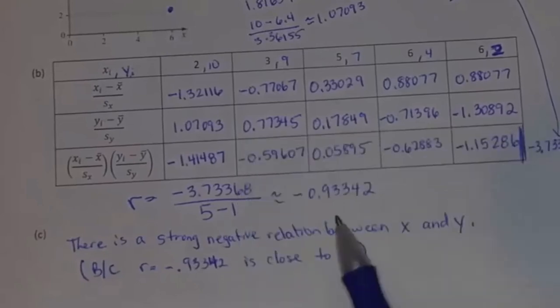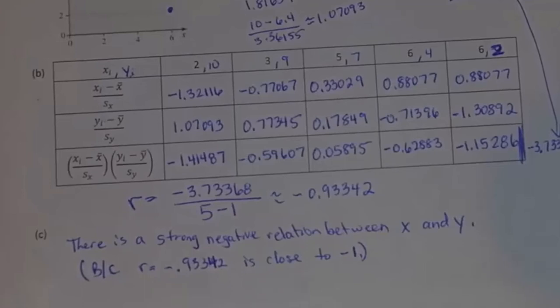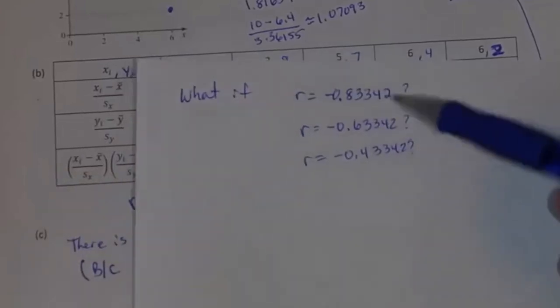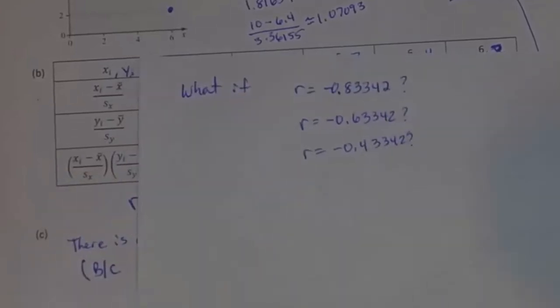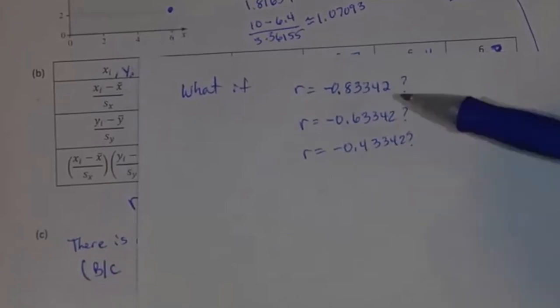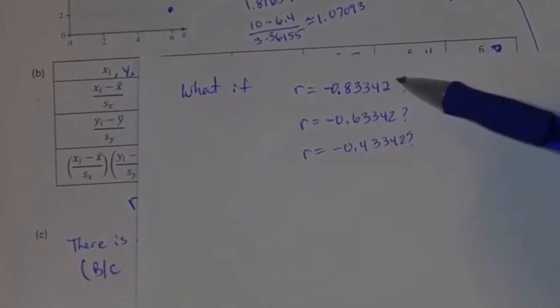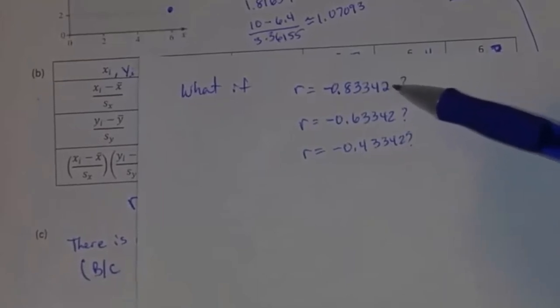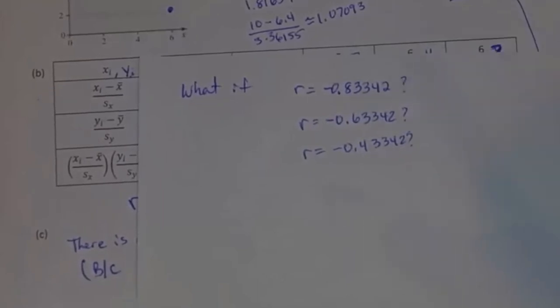Now with the negative 0.93342, it's pretty clear there's a linear relationship. But when we start getting away from that, it becomes a little more debatable. And so what happens if you look at this and you say, yeah, I think there's still a linear relationship, and I look at it and I say, yeah, I don't think there is? We want to remove that subjectivity.